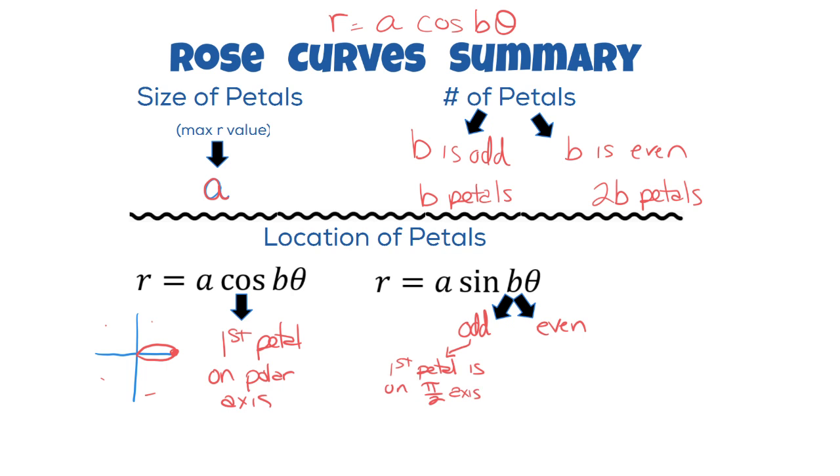Really, the pi/2 axis is the full axis, but the polar axis is really just considered the right side of that polar axis, because you're kind of going around. But when your first petal's on the pi/2 axis, sometimes it's up here and sometimes it's down here. And what we determined is it alternates starting up versus starting down.